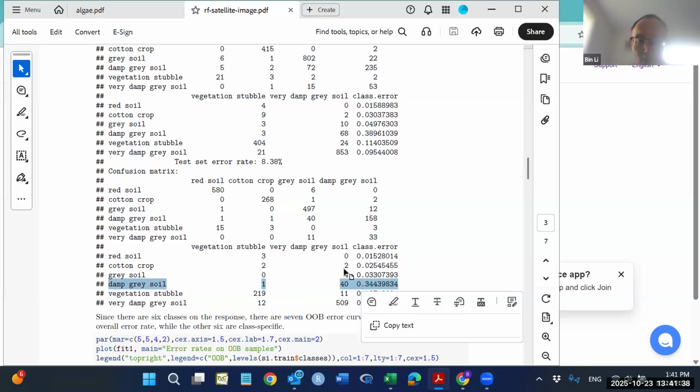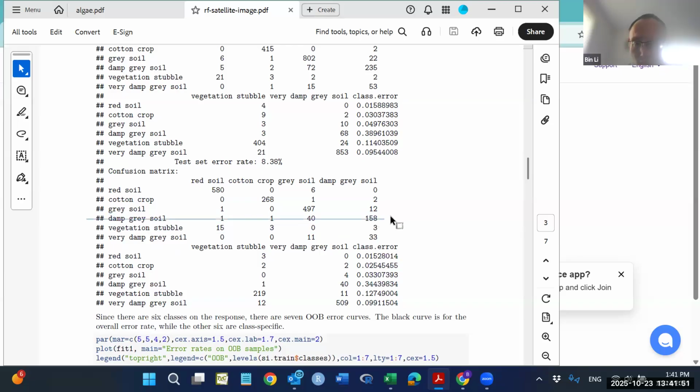Then let's see what the damp gray soil is usually misclassified as. Looking at the damp gray soil, this is the correctly classified count, and this is the misclassified count, that's 40.